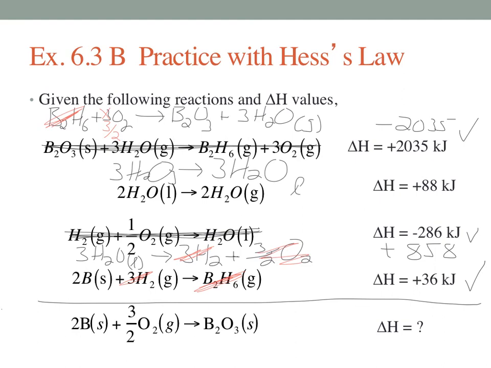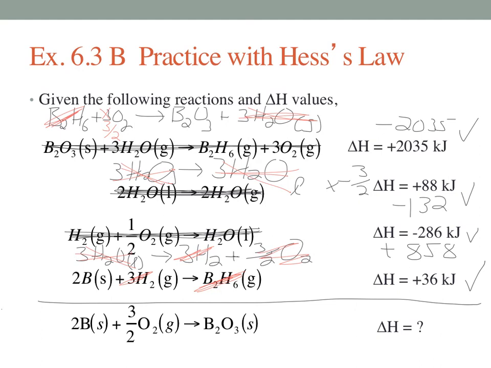All right, so what we did there is we reversed it and multiplied it by 3 halves, and that's going to give me an enthalpy of negative 132 kilojoules. And now that one is taken care of. Now that's going to let my 3 gaseous waters cancel out, and my 3 liquid waters cancel out as well.